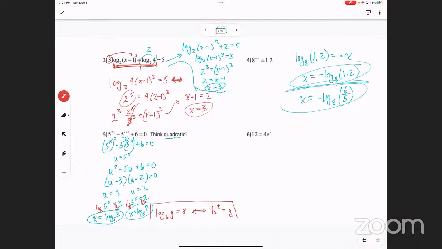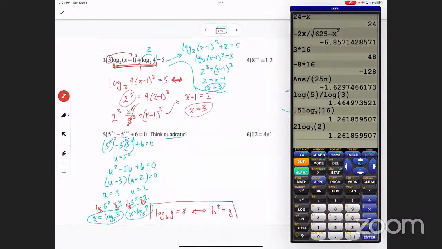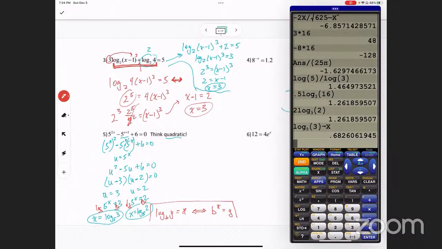And I know this is a calculator free portion, but just to show you a little trick, a good thing to do is to store that. Remember this trick? If I store log base 5 of 3 for x, every time I type in x, it's going to punch that number in.